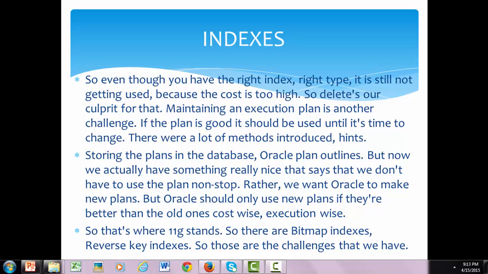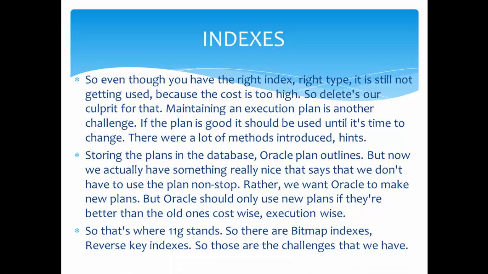Rather, we want Oracle to make new plans, but Oracle should only use new plans if they are better than the old ones, cost-wise, execution-wise, etc. So that's where 11g stands. So there are bitmap indexes, reverse key indexes. So those are the challenges that we have.